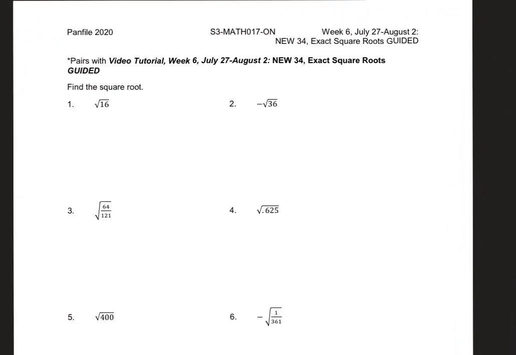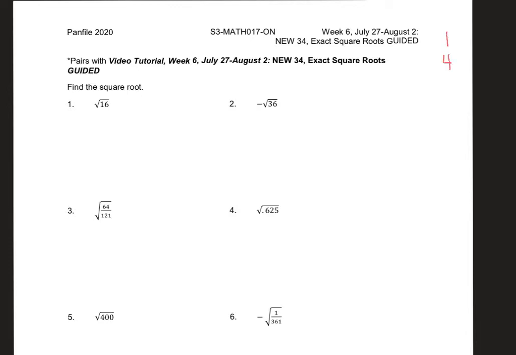Exact square root. So I'm going to leave a little bit of blank space over here on the right, because we've talked about these numbers a couple times, but we didn't really define them. And if you are looking at that multiplication chart, I talked about it in that video. If you look down the diagonal, these are your perfect square numbers.